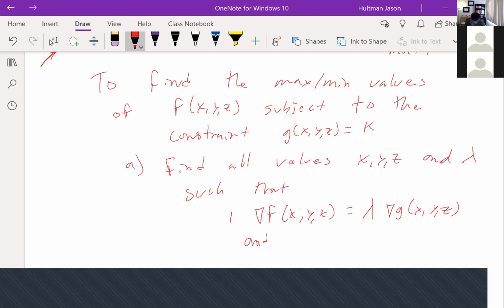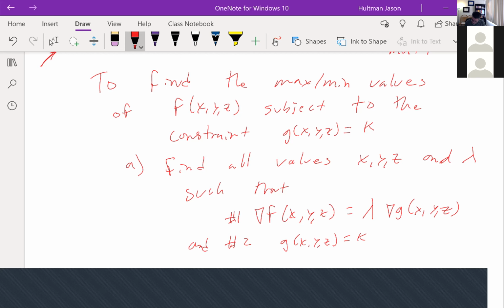I'll call this constraint number 1, and constraint number 2, which is the original g of x, y, z equals k. You have to have both. It's got to satisfy both of these, not just one of them. And if it satisfies both, you got your maxes and mins.